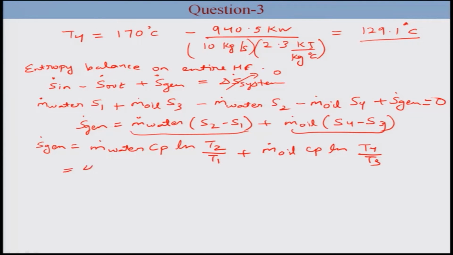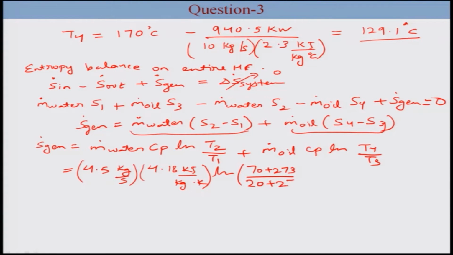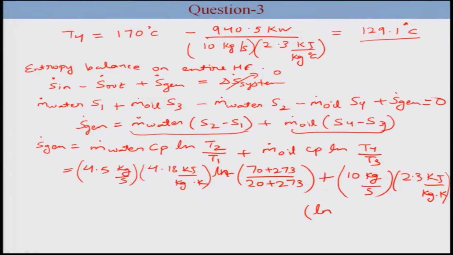So, putting all the values, mass flow rate of water is 4.5 kg per second, Cp is 4.18 kJ/kg·K, multiplied by ln of T2, which is 70 plus 273, divided by T1, 20 plus 273, plus mass flow rate of oil, which is 10 kg per second, specific heat is 2.3 kJ/kg·K, multiplied by ln of T4, which is 129.1 plus 273 Kelvin, divided by T3, which is 170 plus 273.